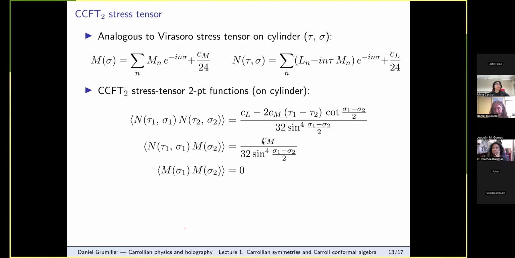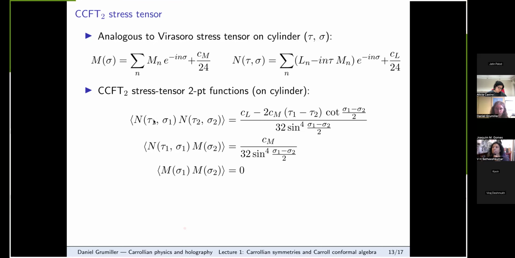You can obtain this result in the relativistic case just by the usual exponential map between the plane and the cylinder. The well-known factor, central charge divided by 2 z to the 4, gets transformed into this sine to the 4 expression on the cylinder. The same happens here, so you get the sine to the 4 of (sigma 1 minus sigma 2) over 2. Even the factor matches. And you get this mixed central charge, the BMS central charge, as I like to call it, the central charge that is in the mixed commutator.